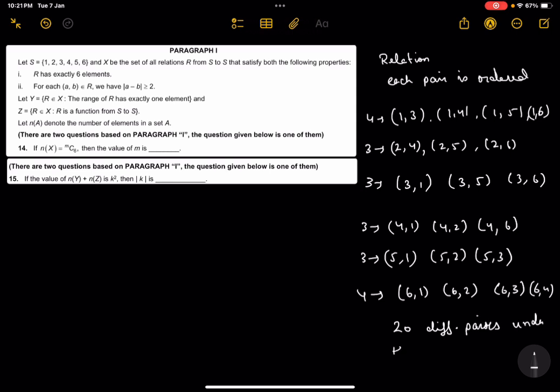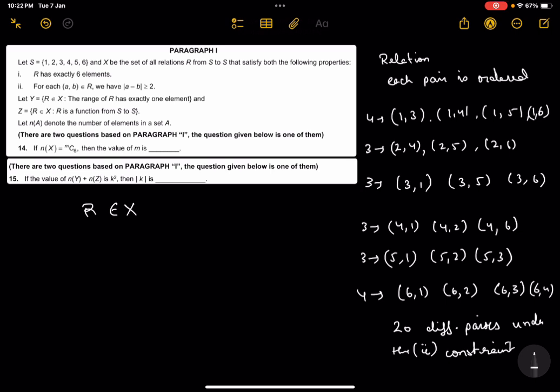under the second constraint. And any relation R in set X needs to have 6 of these 20 elements.